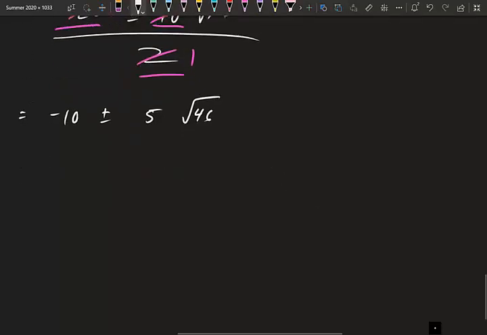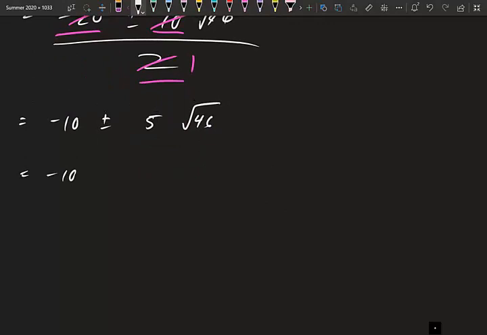So the one answer is negative 10 plus 5 square root of 46. And negative 10 minus 5 square root of 46. So one of them is not going to be the answer, but the other one is.